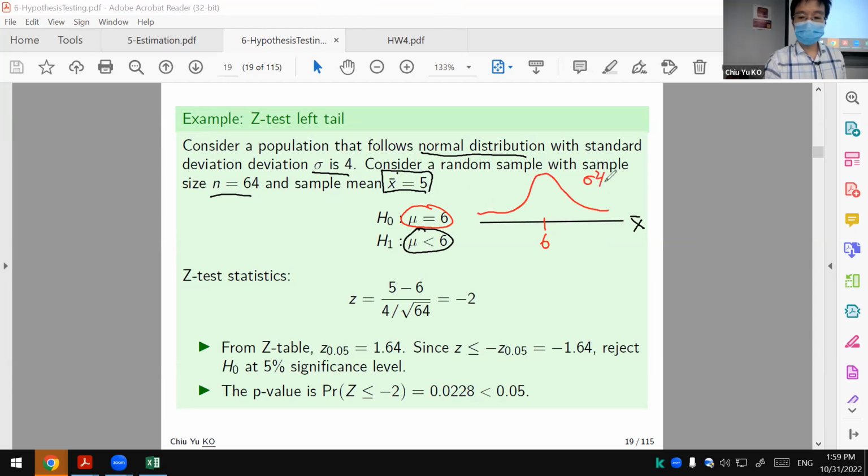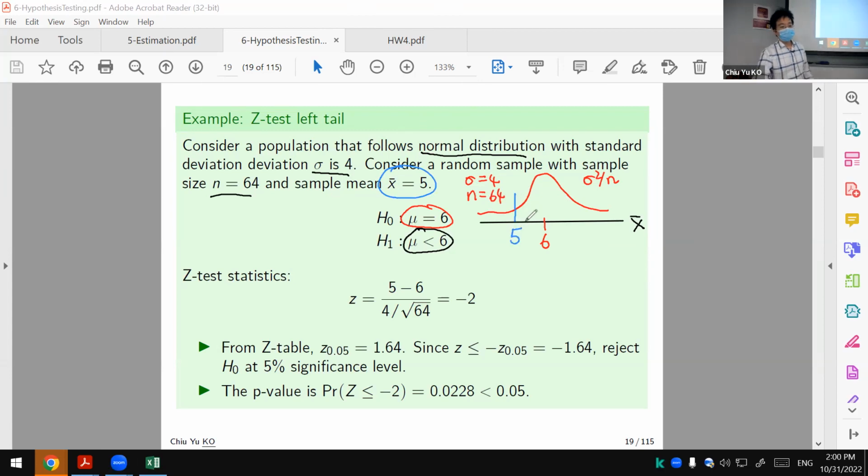The bell is here, with sigma square over n. And sigma is 4, n is 64. And what we found from the data, let's highlight in blue color, means 5 is here.